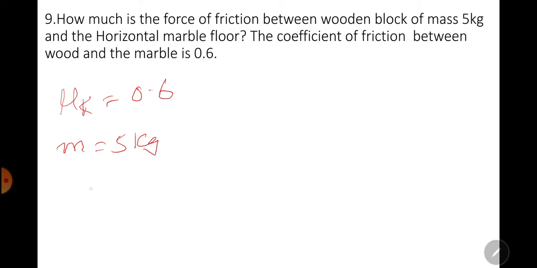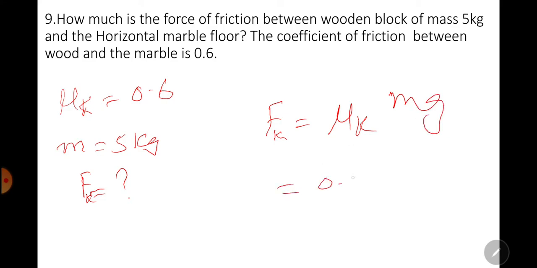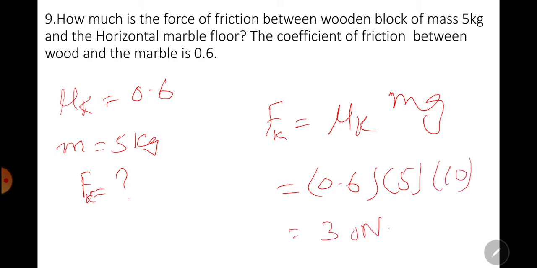How much is the force of friction? F is equal to kinetic friction, which is mu k into mg. 0.6 multiplied by 5 multiplied by 10, it will be 30 Newton.